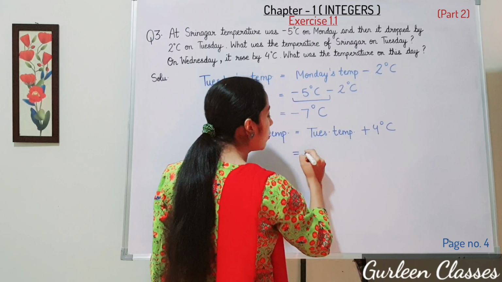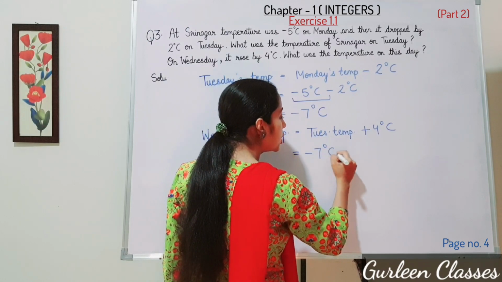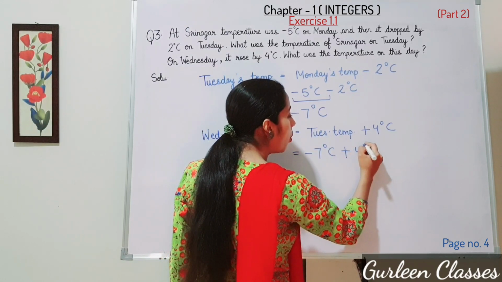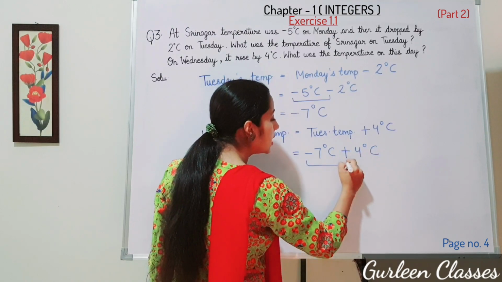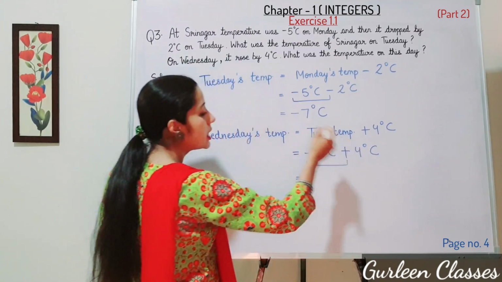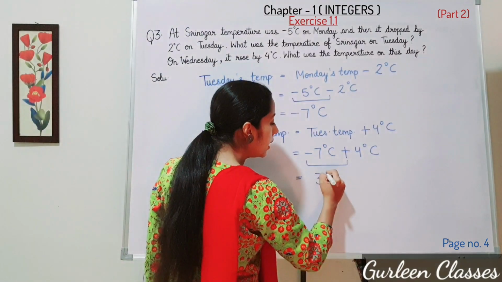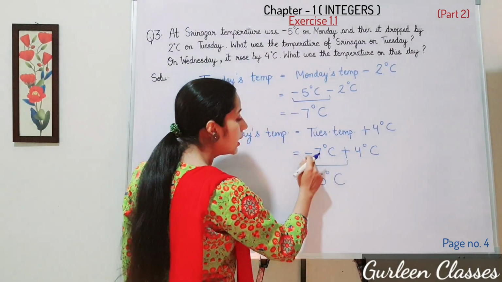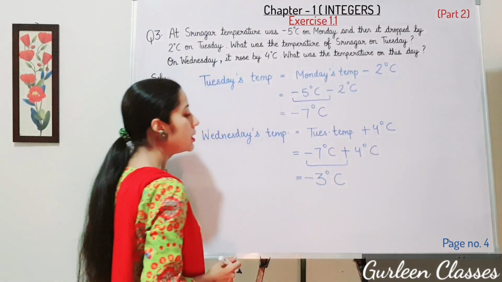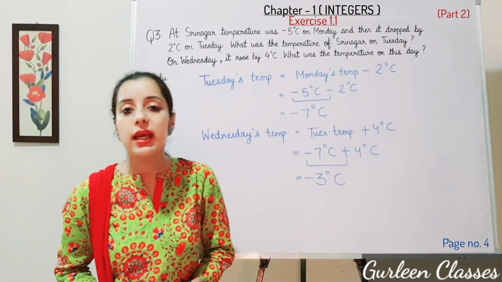Tuesday temperature was minus 7 degrees Celsius plus 4 degrees Celsius. Minus plus minus. 7 minus 4, 3. So right here, 3 degrees Celsius. Greater number has minus sign. So answer is minus 3 degrees Celsius.